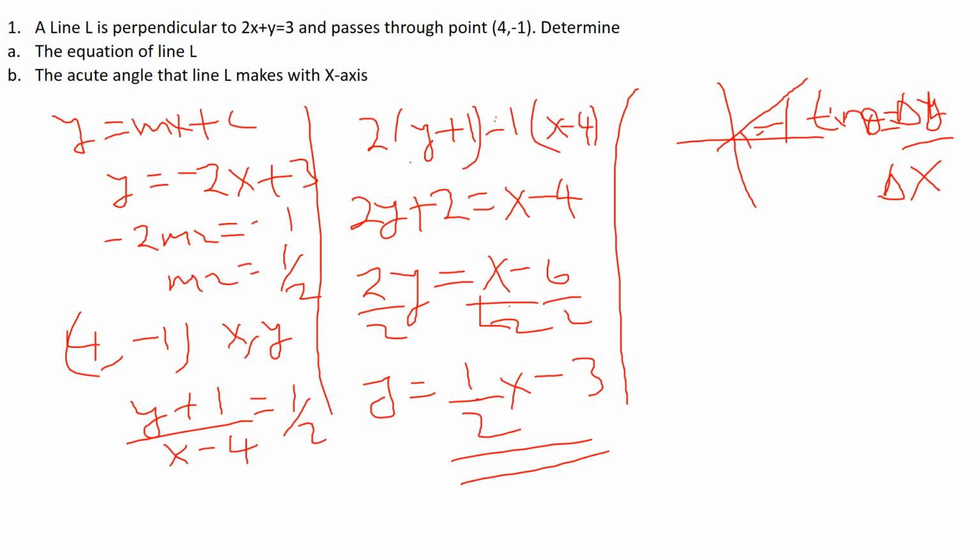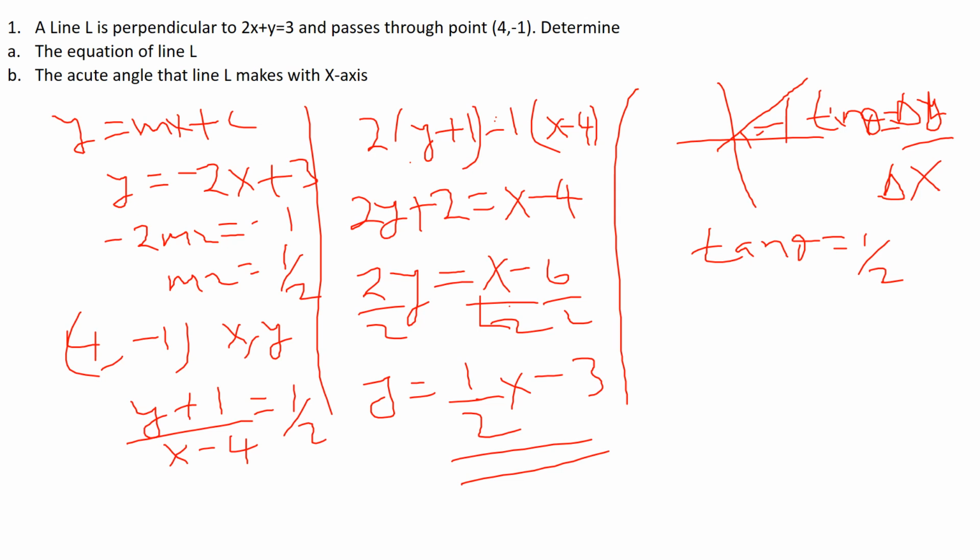And we know that change in y divided by change in x is the same as the gradient of the line. So this tan theta is the same as the gradient that we have gotten here, which is half.